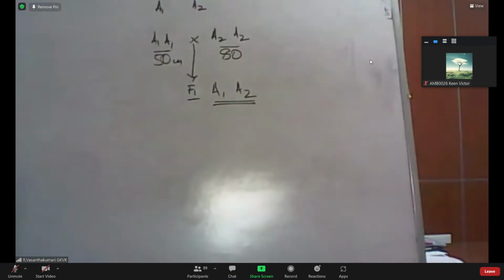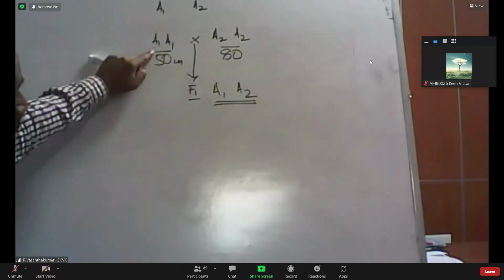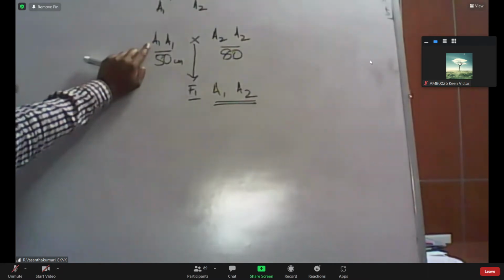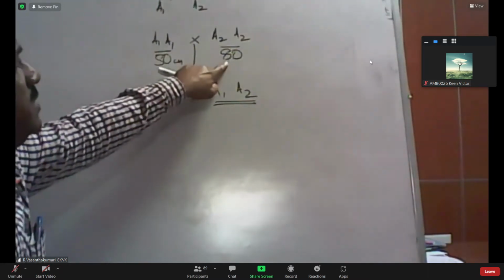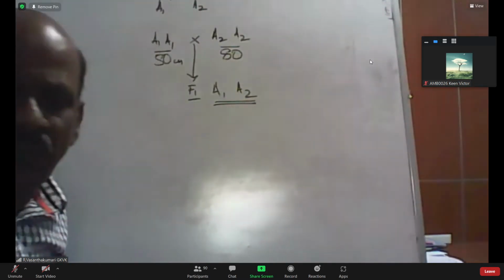Now, I don't get one plant. I get a number of plants, right? Please remember, when I say 50 bar, this is the mean plant height of, say, 100 individuals of A1. This is the mean plant height of 100 individuals of A2. Did you get it?